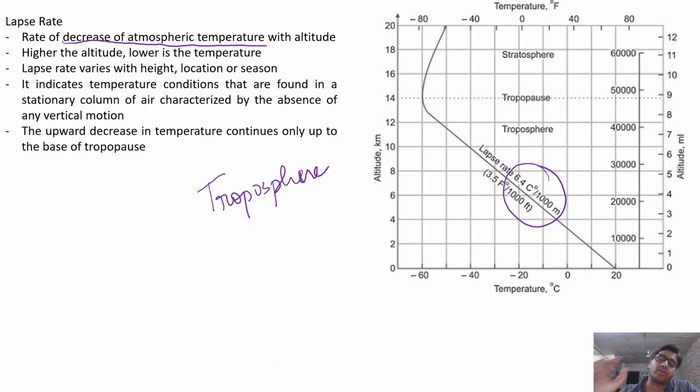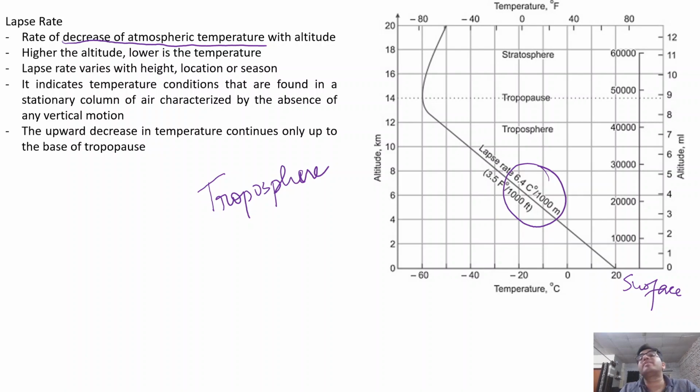Now, we know that the total height of the troposphere, which is bounded by tropopause at the top, is around 14 kilometers. So here we can see that from the surface of the earth, as we go up in the atmosphere, there is a consistent drop of temperature at the rate of 6.4 degrees Celsius per kilometer.